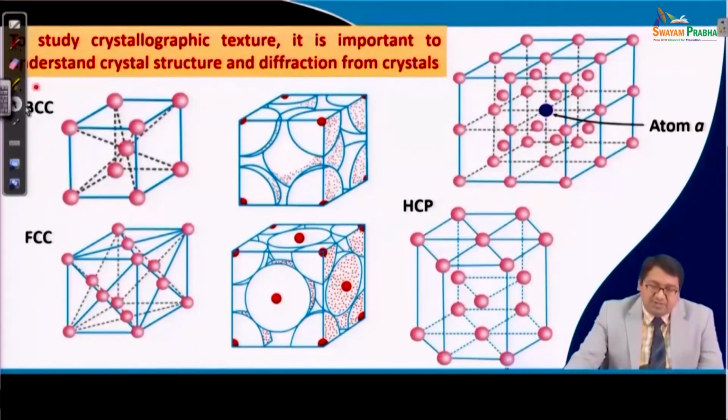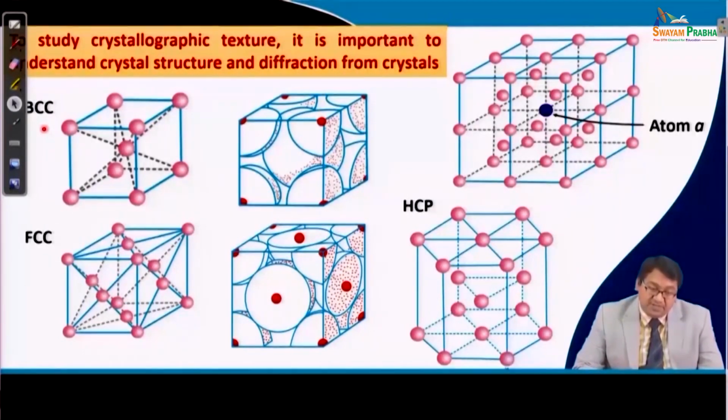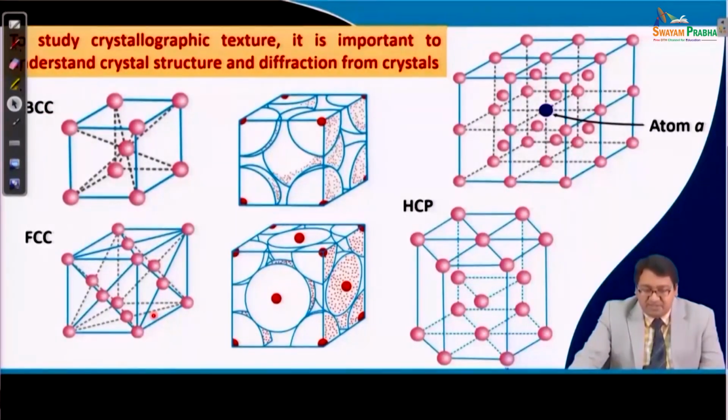Body centered cubic materials are basically, you see, iron, ferritic iron, or you can say all the steels, more ferritic steels. On the other hand, face centered cubic materials are, say, aluminum, austenitic stainless steel, brass, copper etc. The face centered cubic materials are also divided in terms of their stacking fault energy.